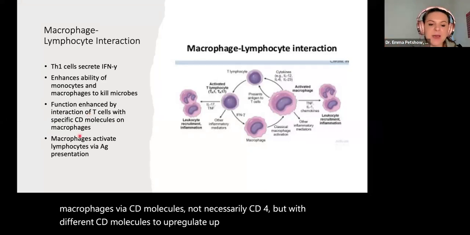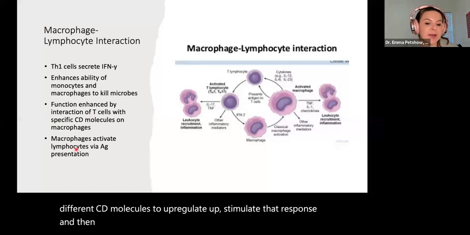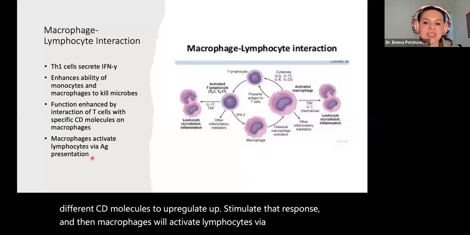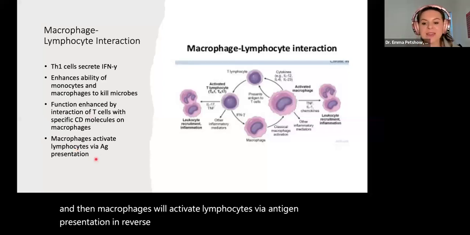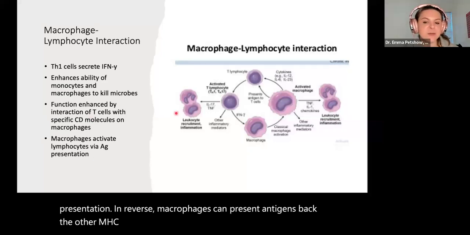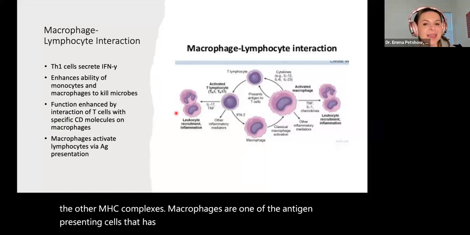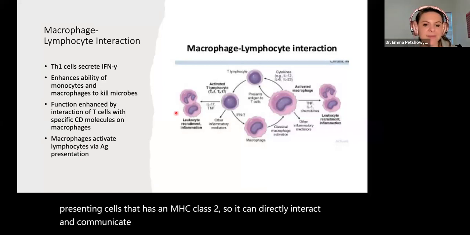And then macrophages will activate lymphocytes via antigen presentation in reverse. Macrophages can present antigens back via their MHC complexes. Macrophages are one of the antigen presenting cells that has an MHC class 2, so it can directly interact and communicate with our CD4 helper T cells.